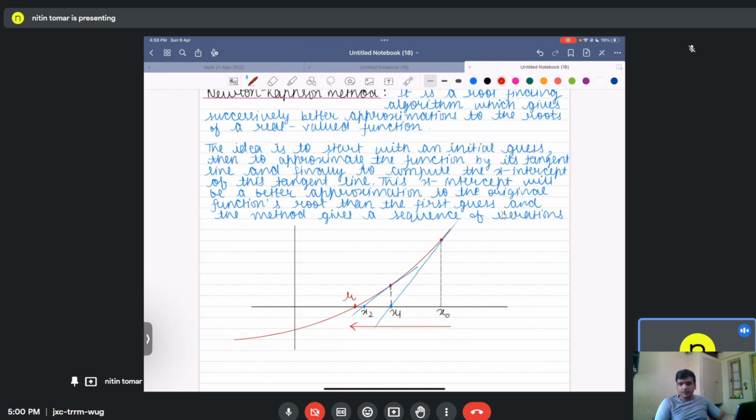You just compute the tangent line equation, and your next iterant will be found by solving where the tangent line intersects the x-axis. Then we'll see some examples, then the convergence for Newton-Raphson method. Then after that we'll see interpolation problems.